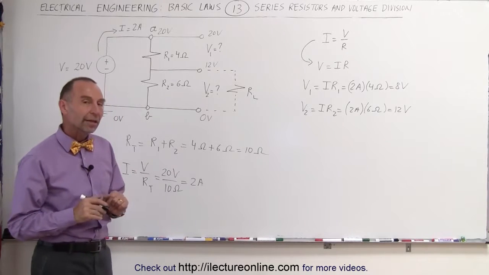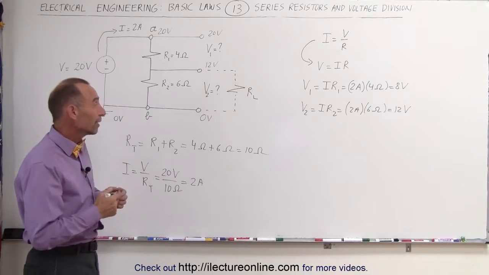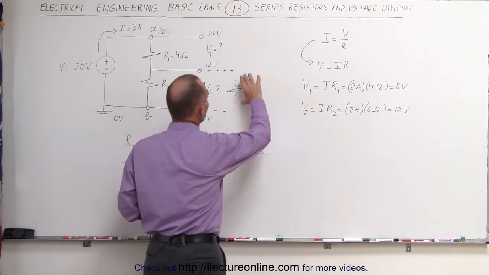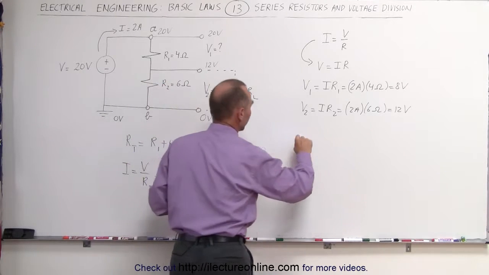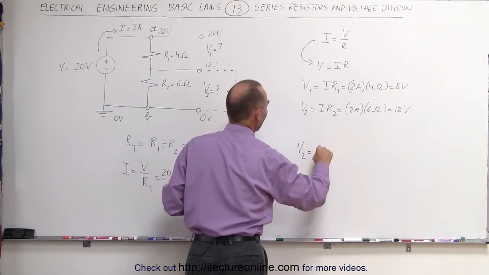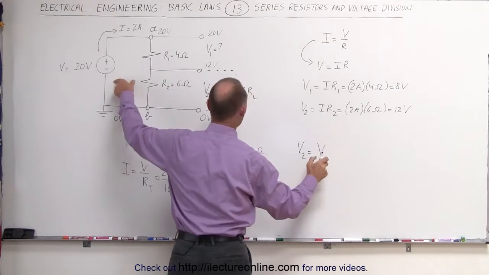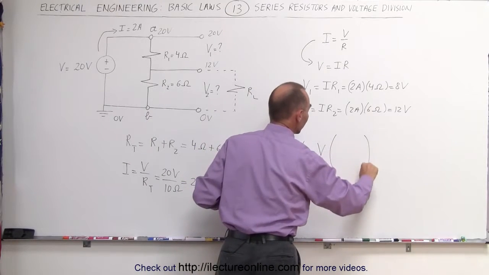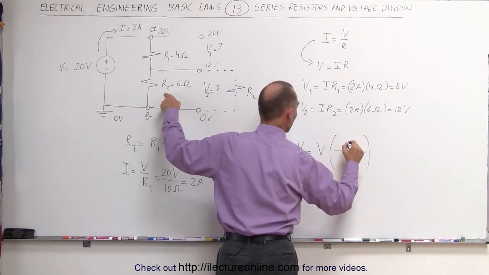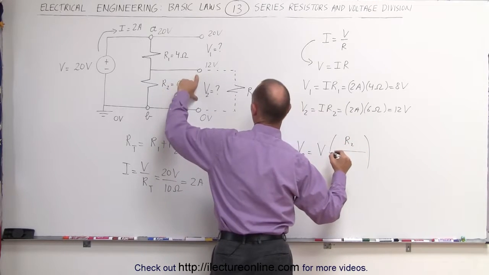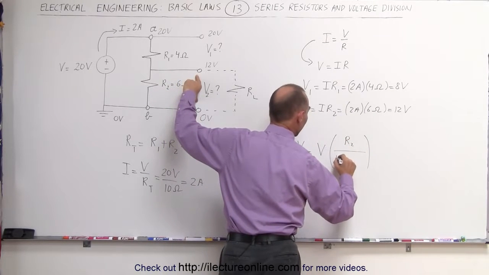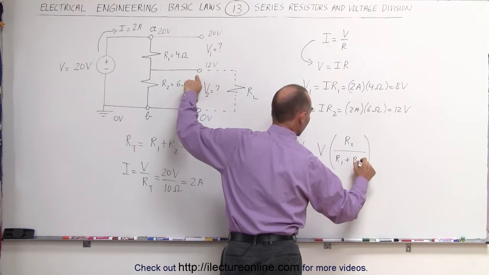One more quick note on this. Another way of dealing with voltage dividers, if, for example, we want a specific voltage right here, V2, that can be written as the voltage applied by the voltage source times the ratio of R2, the resistance across this particular connection, divided by the sum of the two resistors.